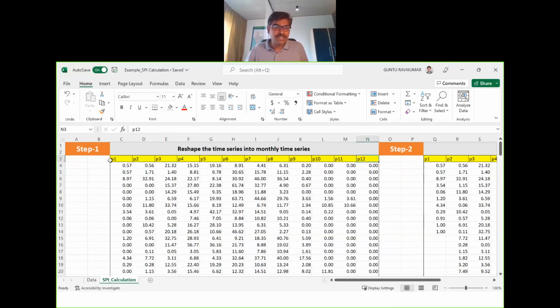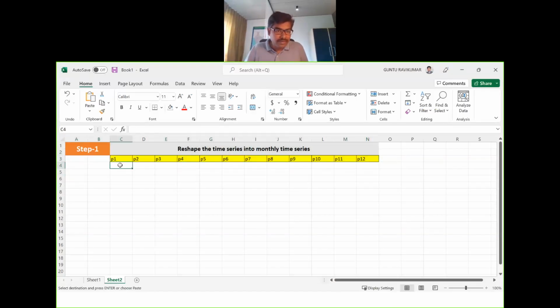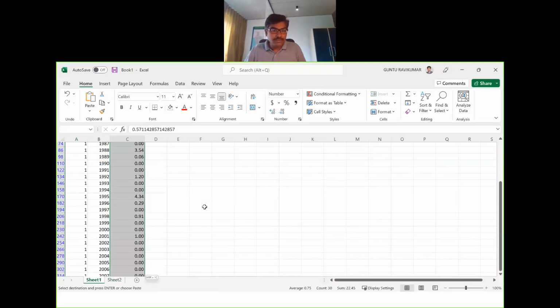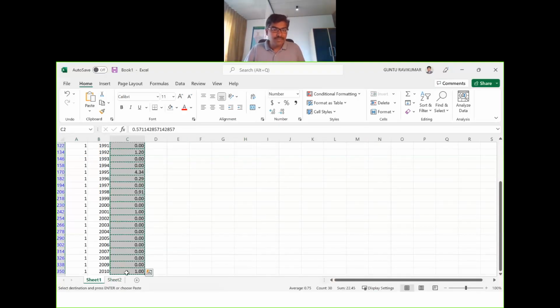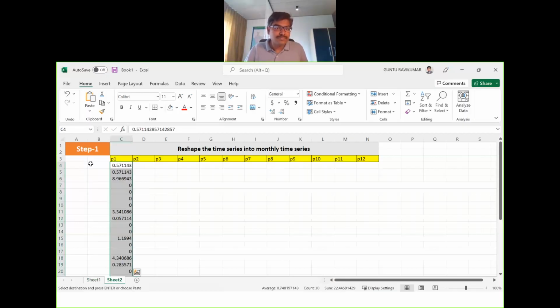So first month precipitation, second month precipitation, third, fourth, fifth month, and so on up to 12th month precipitation. I'll copy these and paste them here. So my first month precipitation, shift control down arrow, control C, go to sheet 2, paste the values.